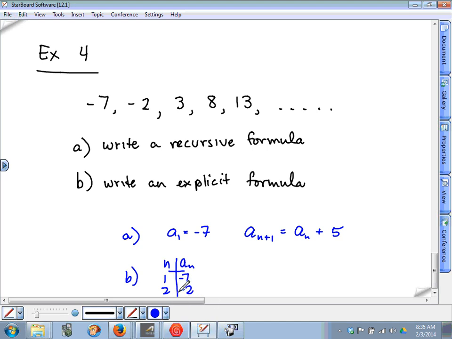So we'd have to come up with a function that describes that input-output relationship. The key here is it's a common difference between terms. We're adding the same number every time. It's a constant change, right? What other type of function has a constant change? Linear function. So we got to come up with an equation that's linear that describes this relationship.